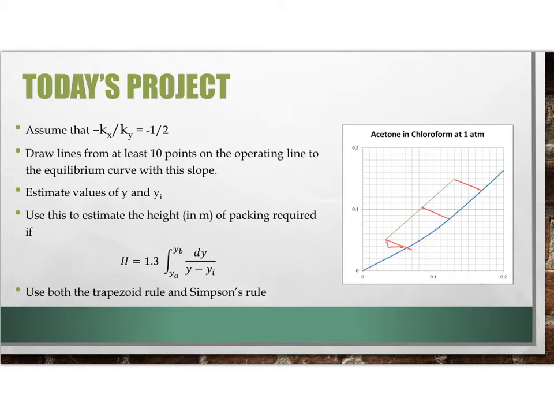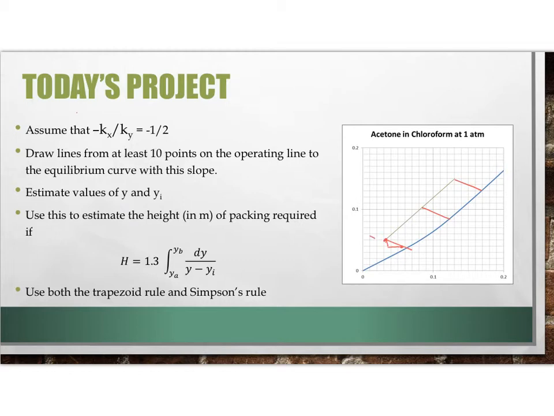Now what I want you to do is do this for at least 10 points. You will eventually be doing these calculations using the trapezoid rule and Simpson's rule, so you need to make sure that you have an even number of intervals, so an odd number of points. And then I want you to use this to estimate the values of y.